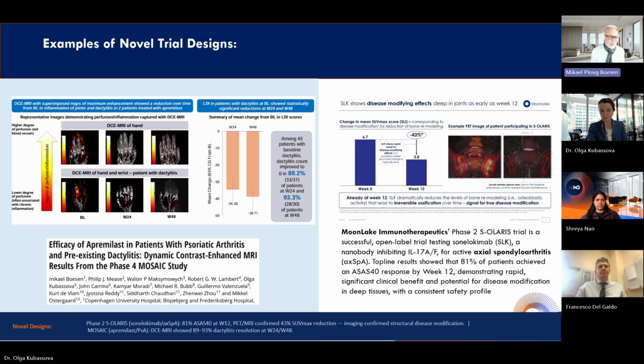And we developed not only a new score for dactylitis, as you can see in the left-hand figure in the lower row. That's an example of dactylitis and how it resolves after 24 and 48 weeks, whereas 93% at week 48 had almost complete resolution of dactylitis.